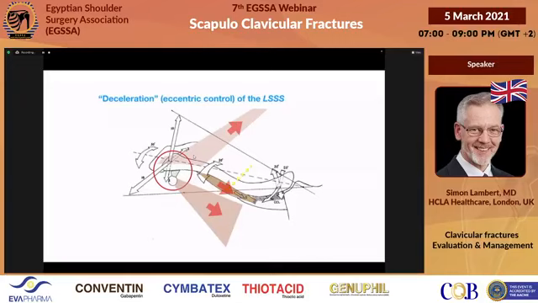So the trapezius both bridges the acromioclavicular joint, stabilizing it and contributing to stability, but also pulls the lateral end of the clavicle upwards and backwards, and that is antagonized through pectoralis minor and the weight of the arm and subclavius. If you disable subclavius by shortening the clavicle, then the effect of deceleration of the scapula is not met. And scapular movement is never normal in a non-union or malunion of the clavicle.